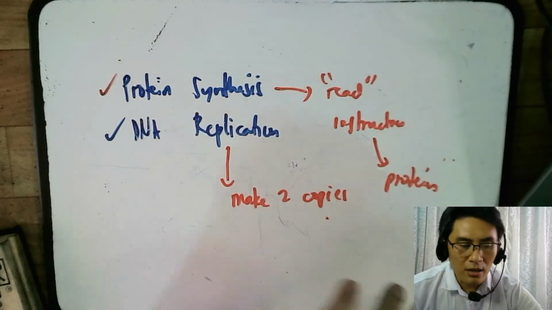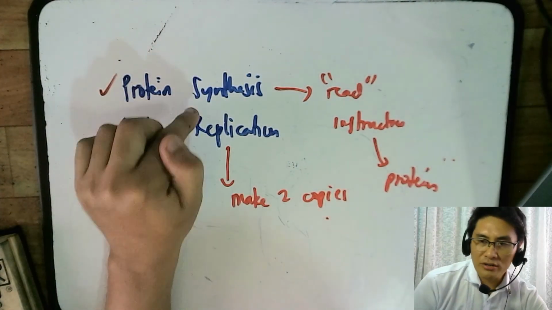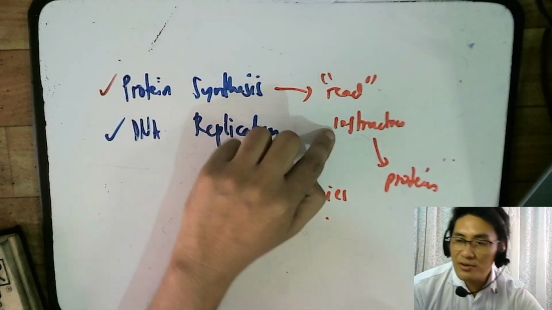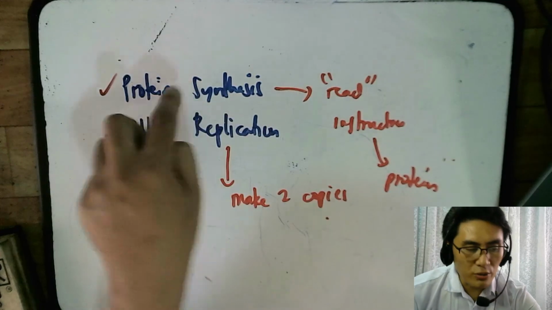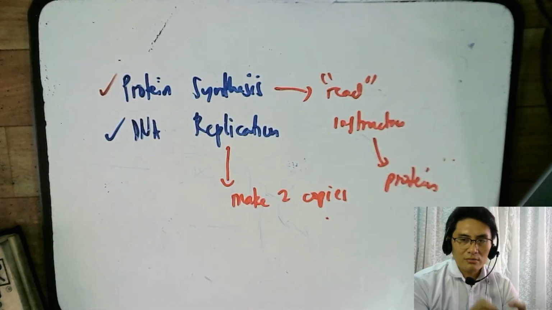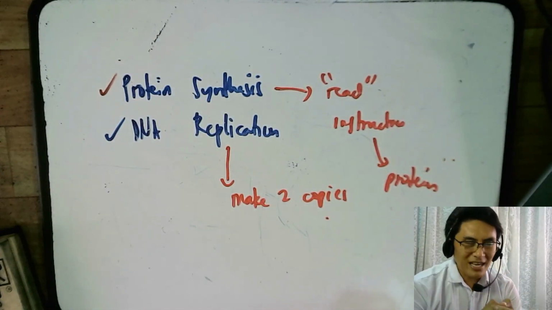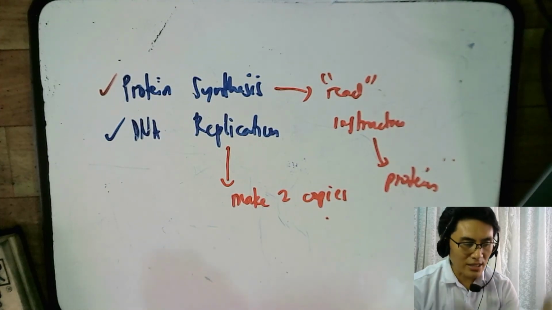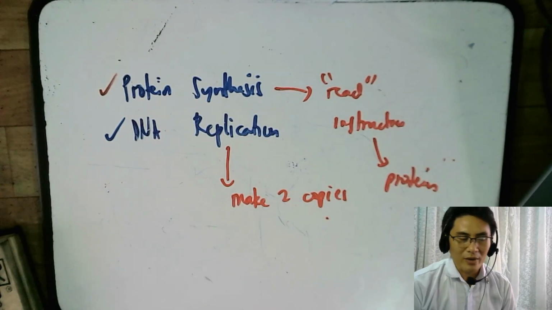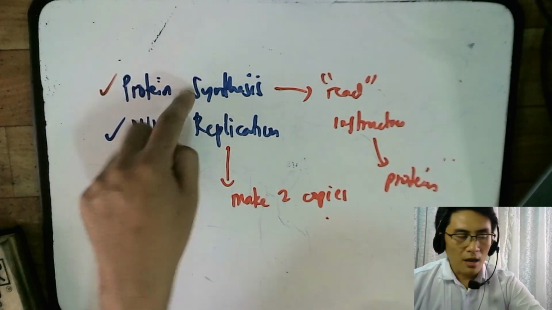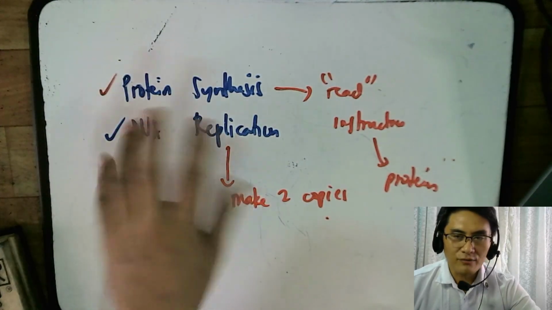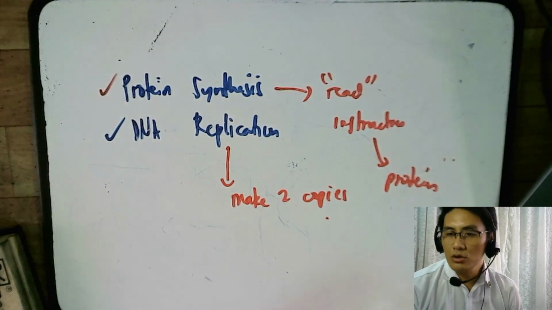You are just simply reading the book, the encyclopedia, so that you can follow the instructions and create proteins. So when you create insulin, you are doing protein synthesis. But when you are duplicating, making two copies of the DNA so that you can divide the cell, that is DNA replication. So I hope that is clear. DNA replication is different from protein synthesis. Both of them use the DNA, but they have two different goals essentially.